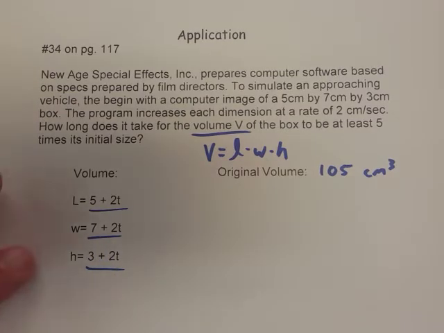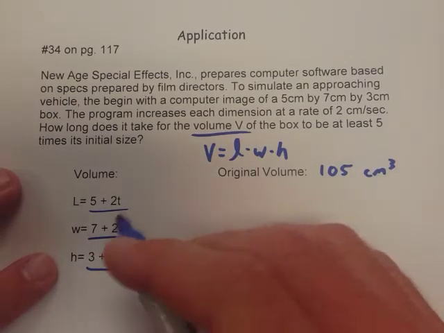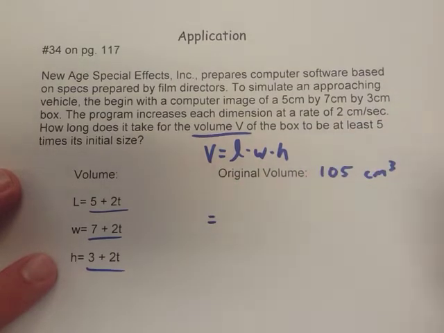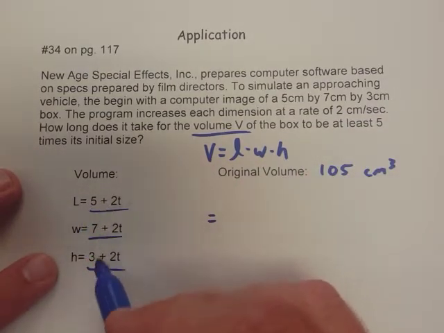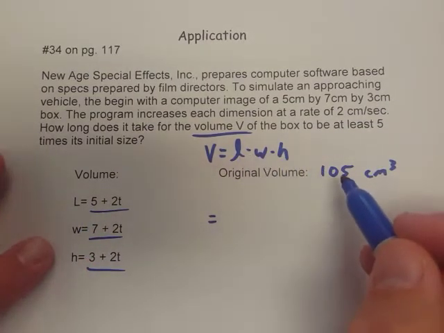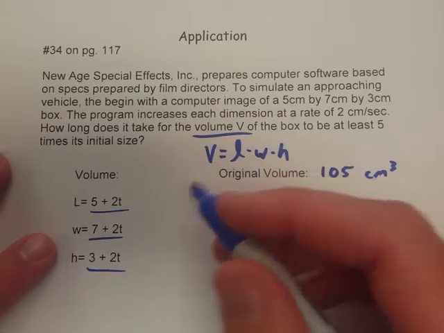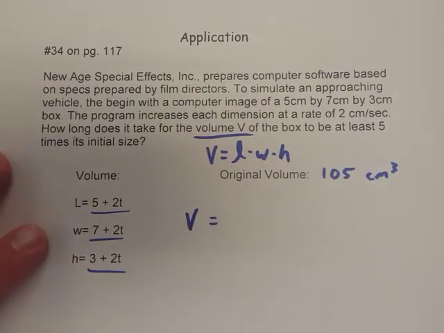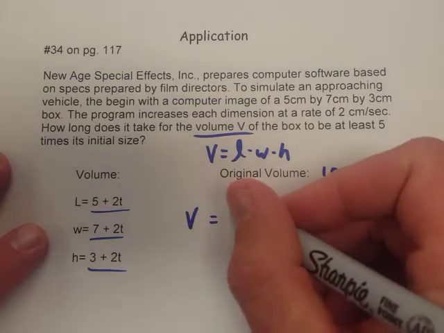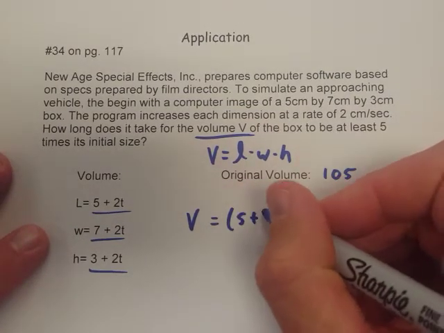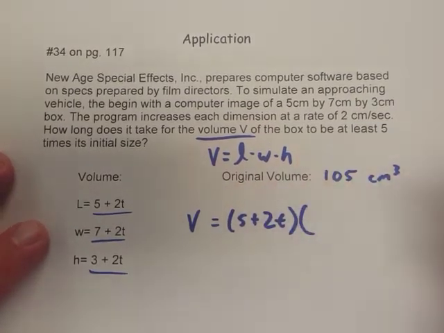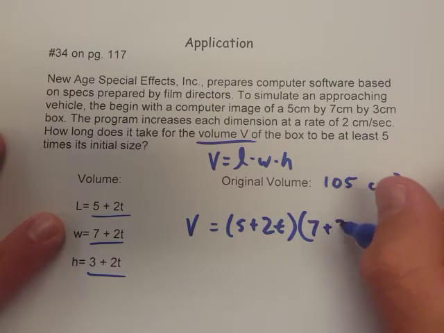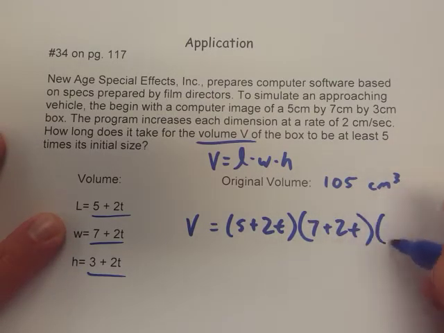The way this connects to compositions is that we substitute each of those in for L, W, and H in this volume formula. So we've got the volume equals 5 plus 2t times 7 plus 2t times 3 plus 2t.